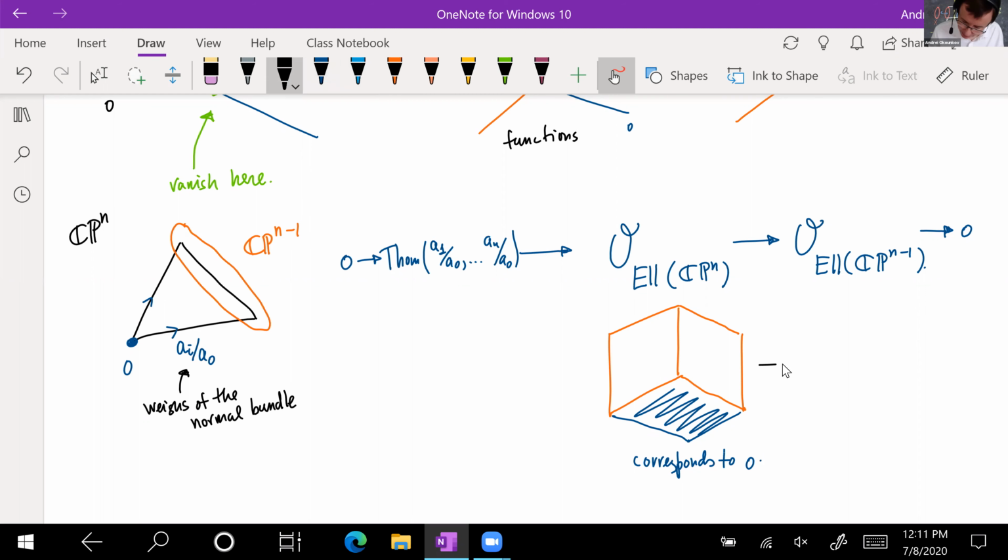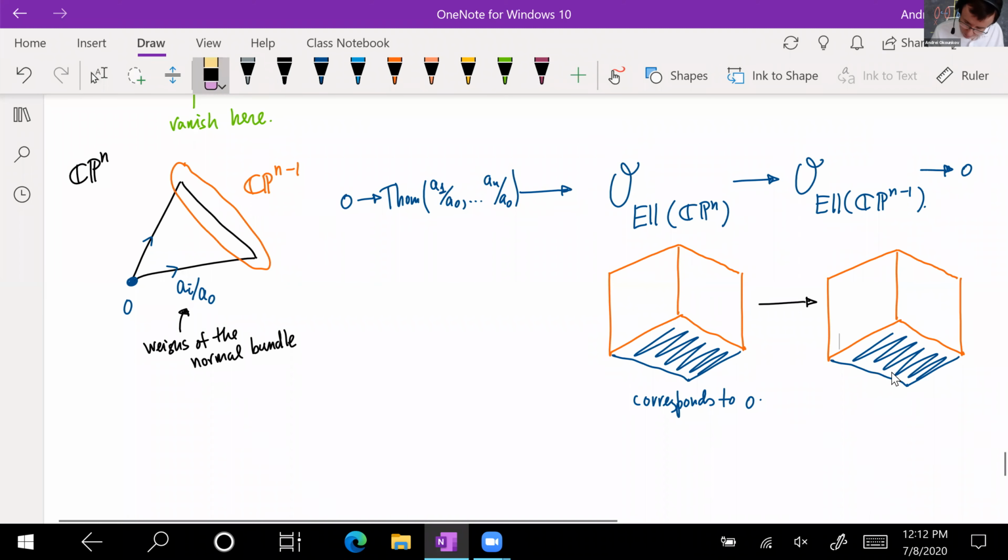I can take functions and restrict them to just this part. So I take a function and restrict here, and what would be the kernel?